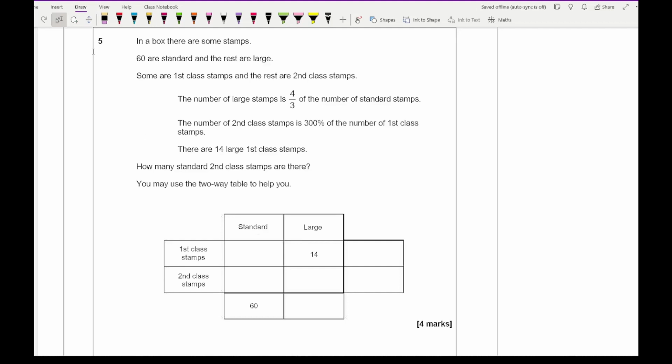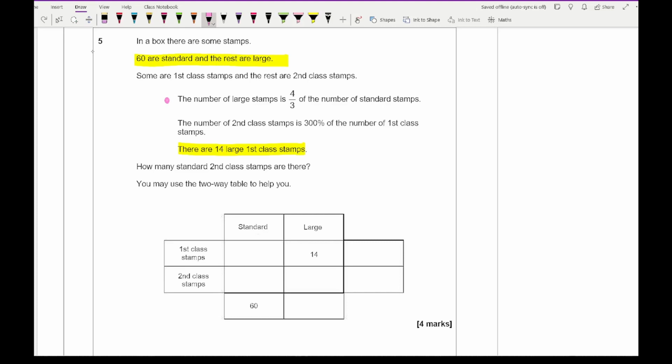So what you need to do is complete this table. So let's have a look at what information has been given. Well, I know that this has already been written in the table, which is 60, and I know that this has also been stated in the table. So looking at the next bit of information, now we know that there are some stamps in both first class and second class. So looking at this first statement, it says the number of large stamps is 4/3 the number of standard stamps.